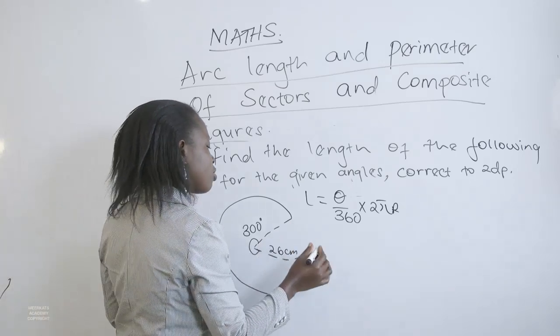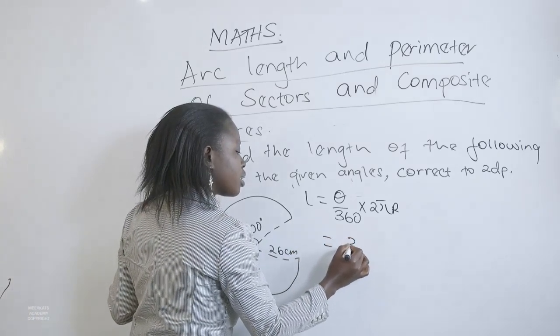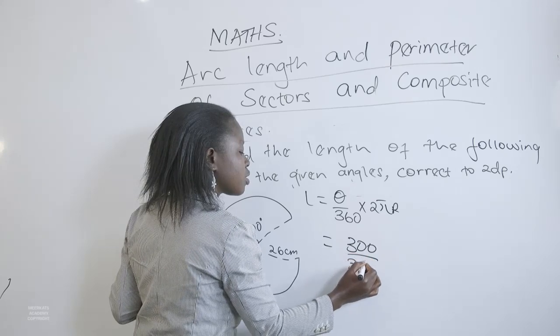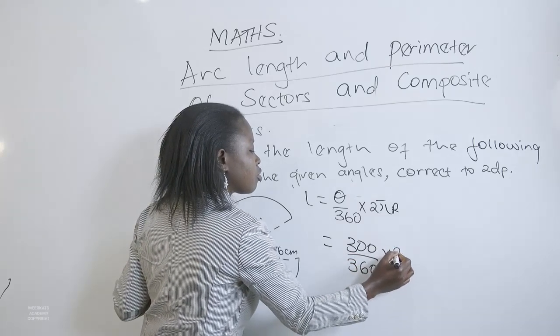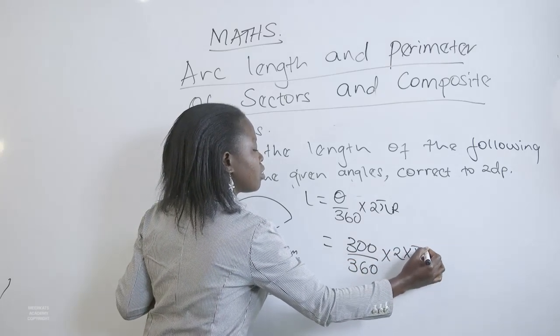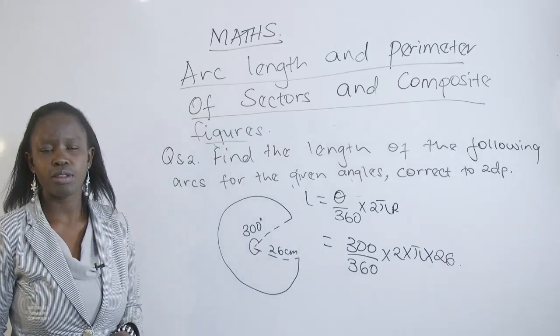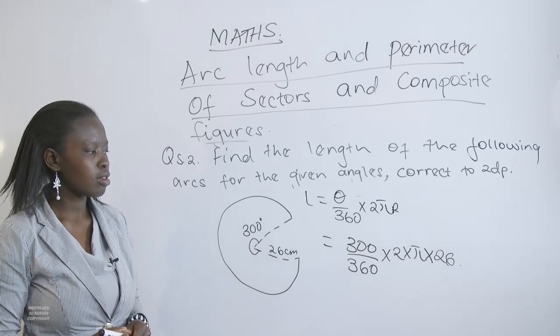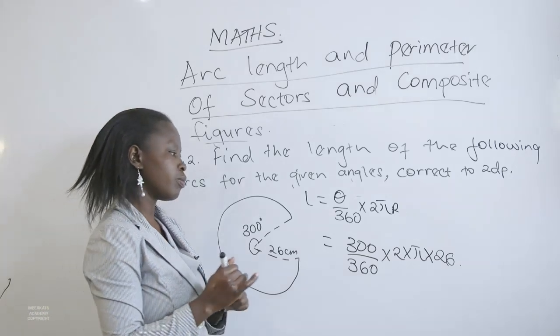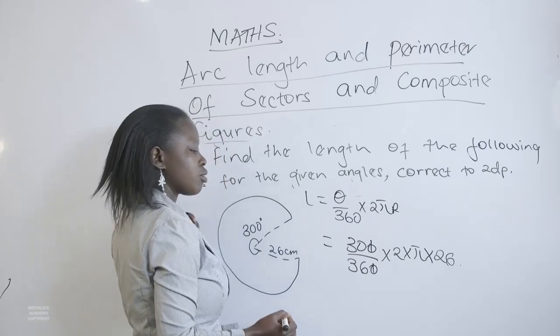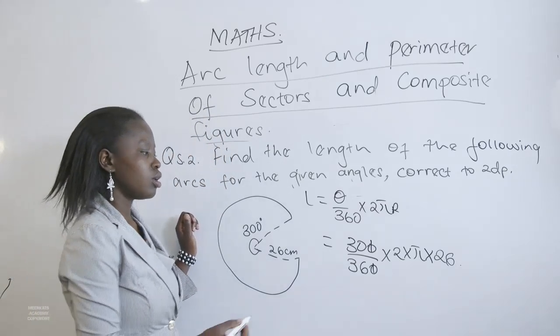So we have 300 over 360 times 2 times pi. Our r is 26.